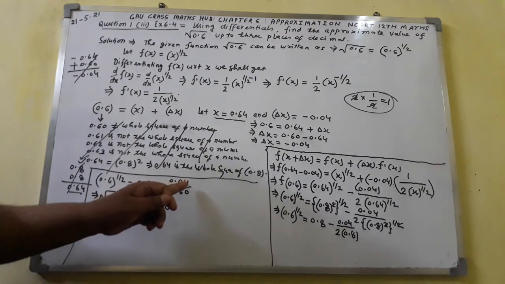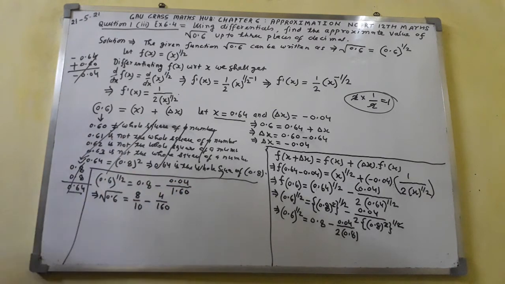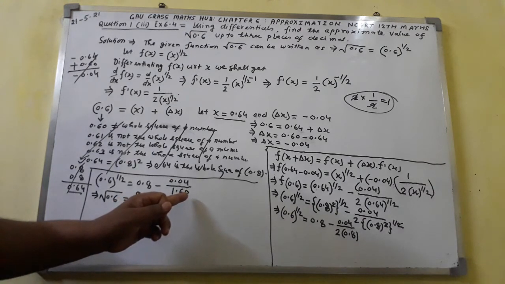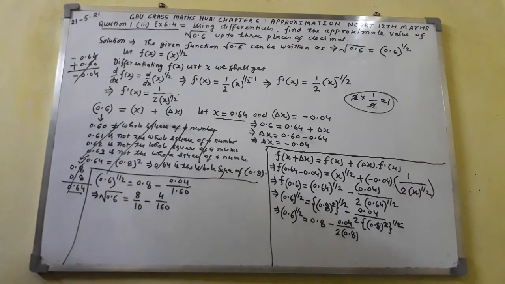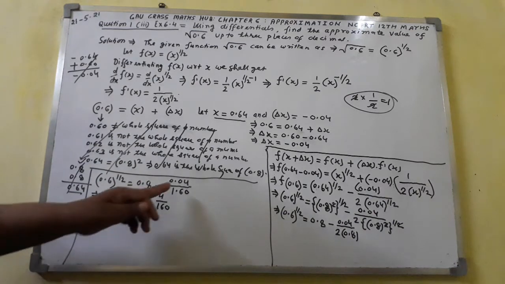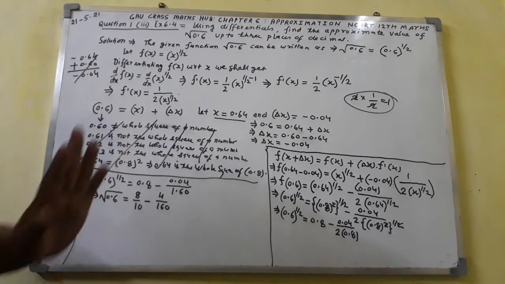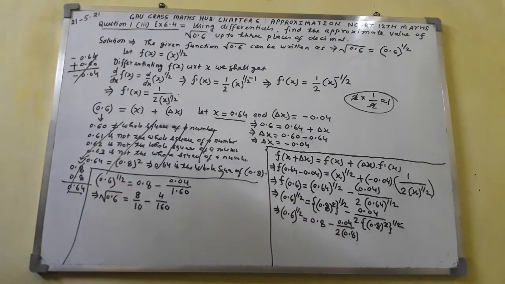Multiply 0.04 by 100, you will get here 4. And also multiply 0.60 by 100, you will get 160. After decimal, 2 digits are available in numerator and also in denominator. You will get this value. So what we will do next?